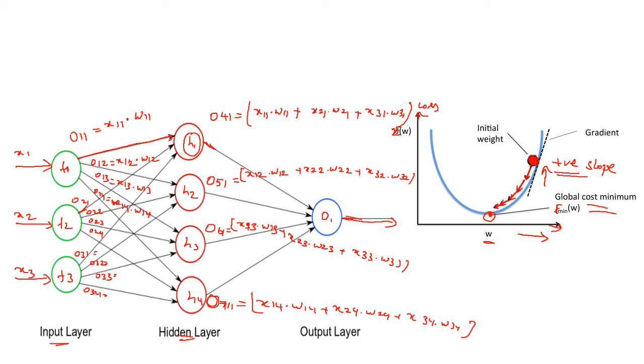This is called a positive slope because the weight lies on the positive side. Suppose the example value lies in this other place, that is, the initial weight is here, then this particular gradient slope is called a negative slope.